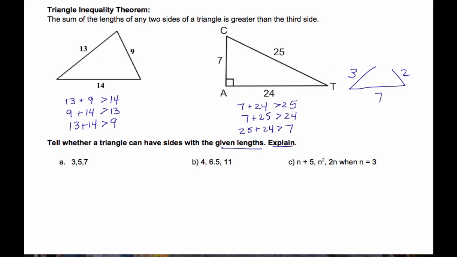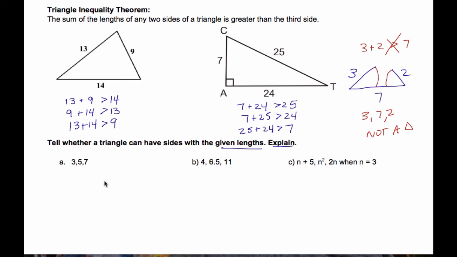If this one swung down like a gate, they would swing, but they would never intersect. Because 3 plus 2 is not bigger than 7, 3, 7, 2 is not a triangle. Even though 7 plus 2 is bigger than 3, 3 plus 2 is not bigger than 7.